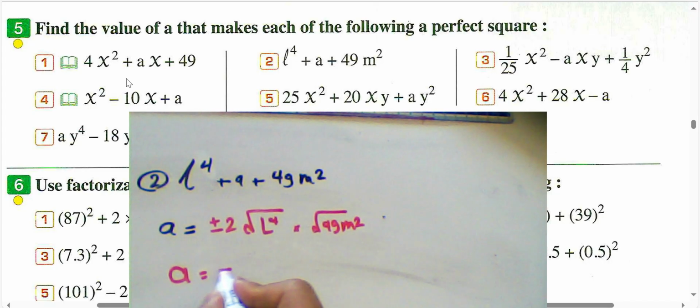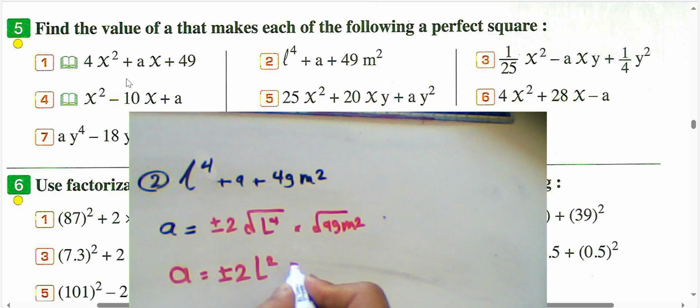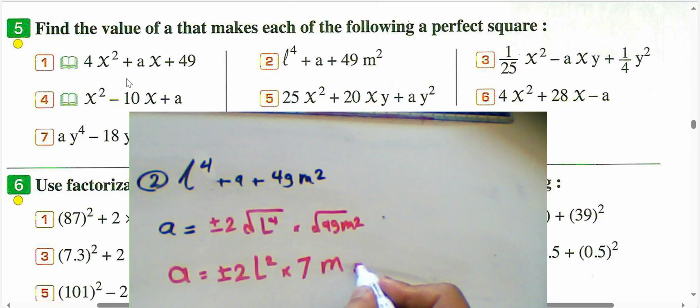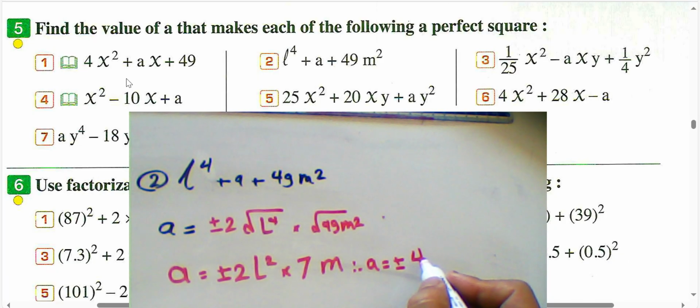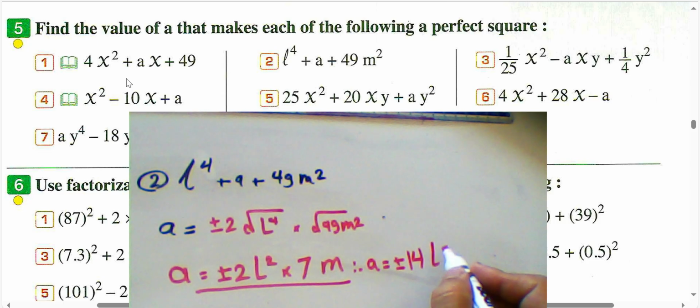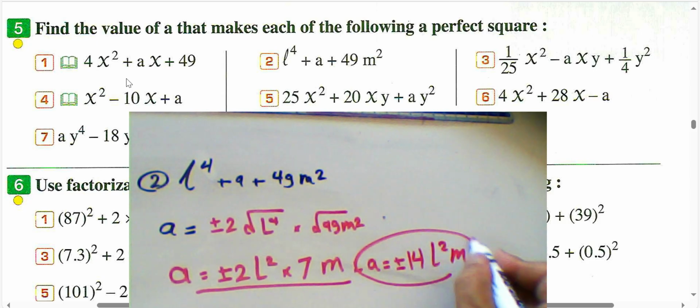Then the value of A equals positive or negative 2 times 10 power 2 times the square root of 49, which is 7m. The value of A equals positive or negative 2 times 7, 14. Here is the value of A.